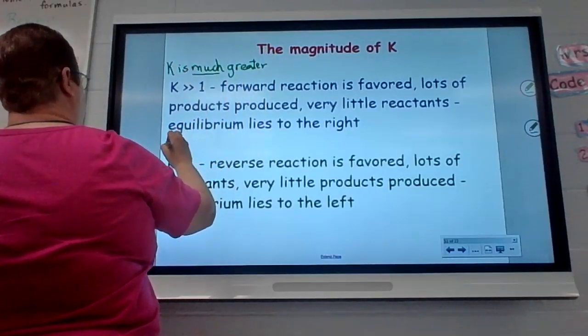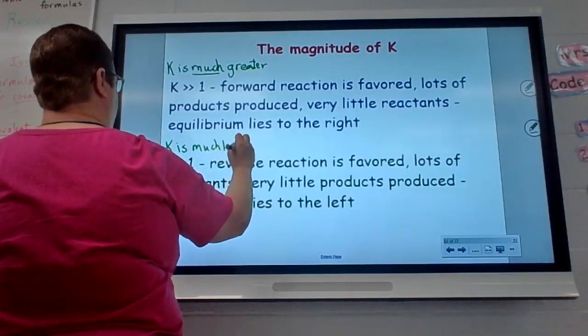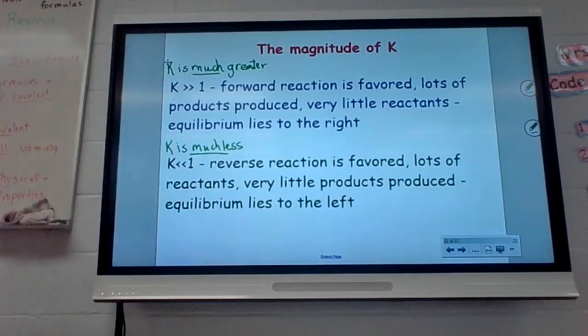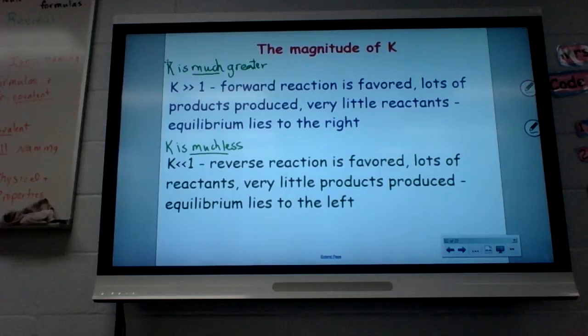And this means K is much less. All right, so if K is much greater, it means the forward reaction is favored. You have lots of products and very little reactants, or you can say that equilibrium lies to the right.